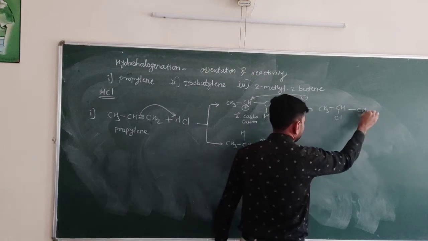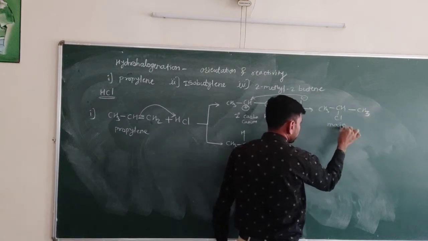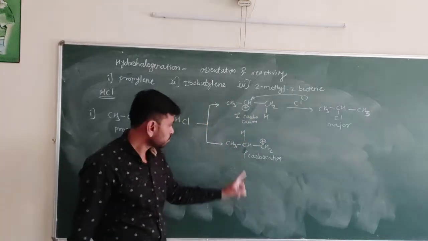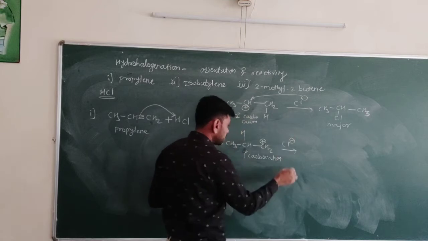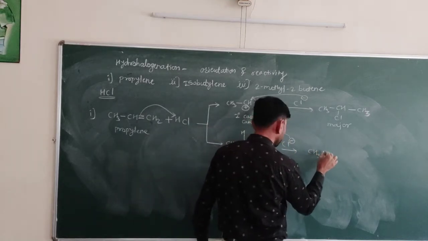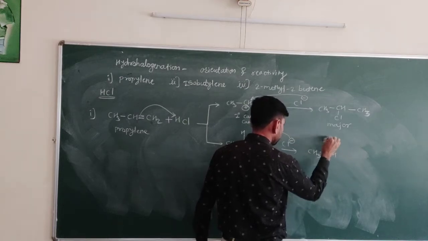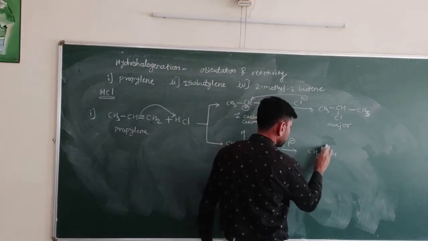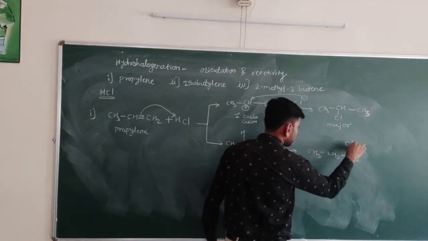CH3, CH, Cl, CH3: we obtain the major product. Here, if the base Cl attacks the other carbon, then we obtain CH3, CH2, CH2, Cl.